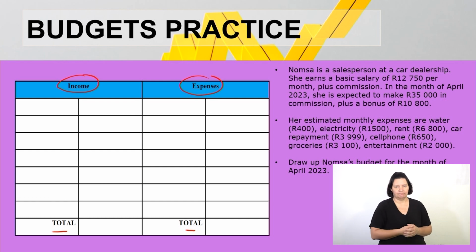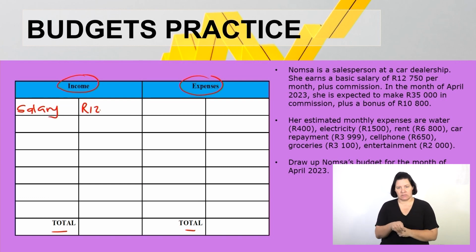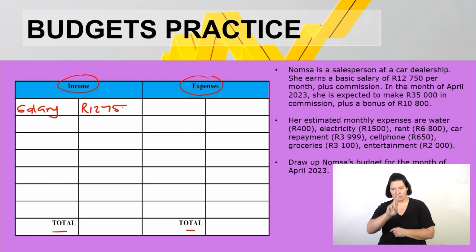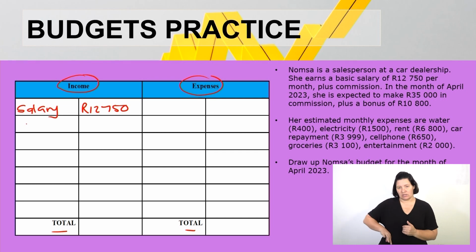We are saying here she earns a basic salary, so I'm going to indicate that as the salary, and the basic salary is 12,750 Rand per month. Then also what else can be seen as an income? That will be her expected commission of 35,000 Rand. So I'll indicate here commission, and that will be 35,000 Rand.